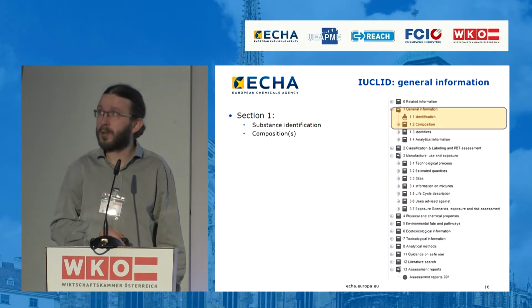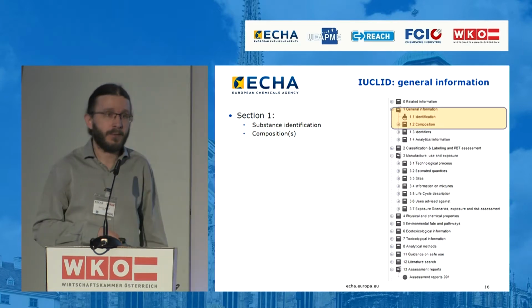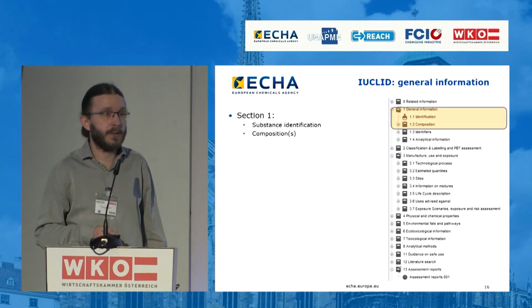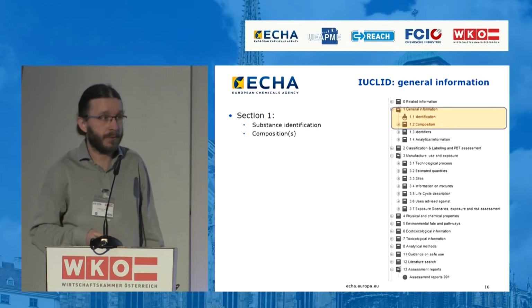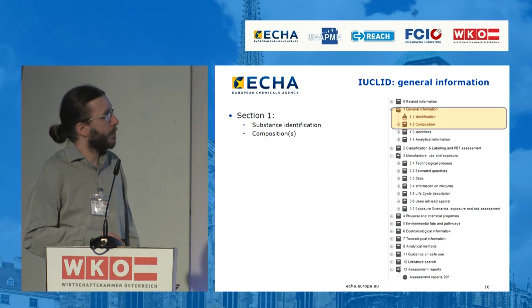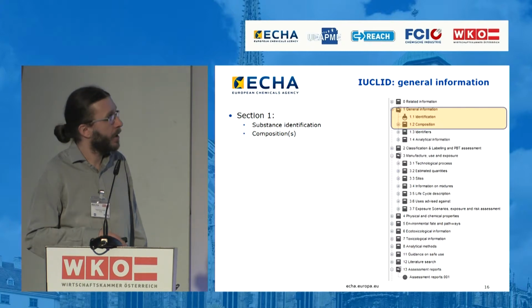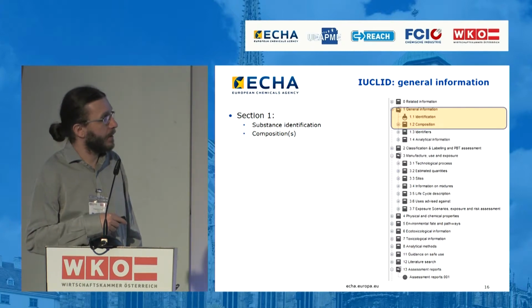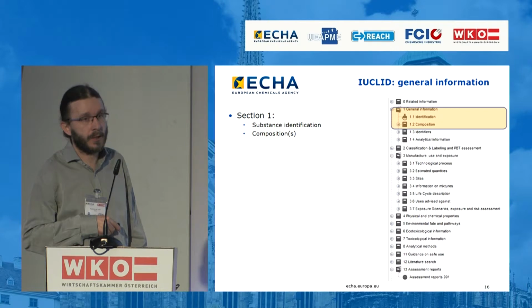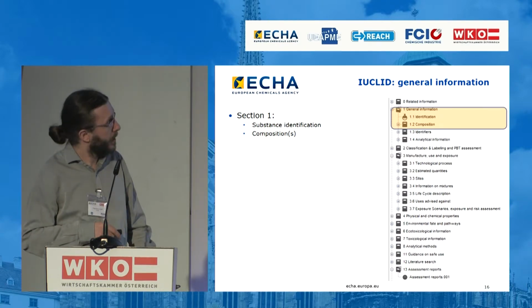So this is where you will store all the chemical identifiers: an EC number or a list number. If you have pre-registered your substance, for example, you will have a list number available, the CAS number, the IUPAC name, the description of your substance, the molecular formula. All these things are collected at the beginning of the table of content of a dataset.